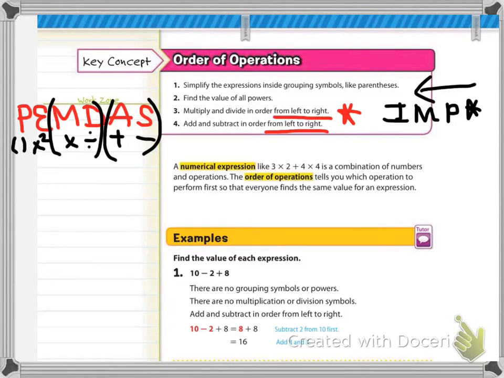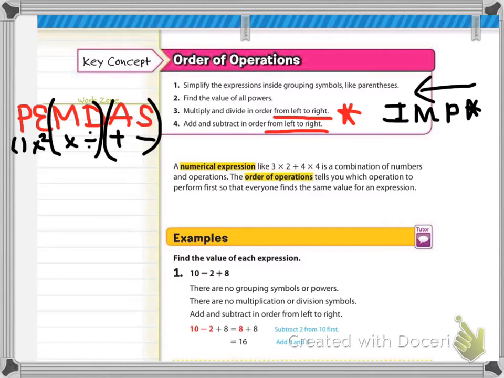Add and subtract from left to right. Again, just like reading a book, you're going to move from left to right. So if subtract comes before addition, you'll subtract first. Those are the tricky ones that seem to get you guys confused.